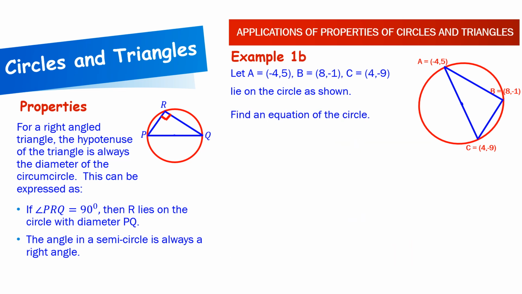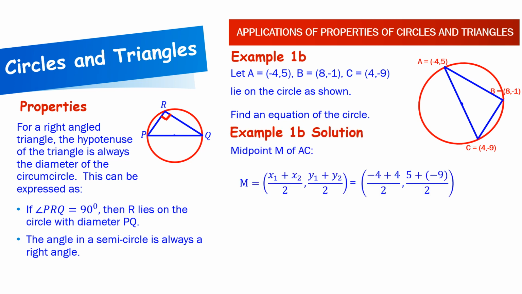And now for example 1b. Find an equation of the circle. So let's solve this. The midpoint of AC is equal to x1 plus x2 over 2, which is -4 plus 4 over 2, comma, y1 plus y2 all over 2, which is 5 plus -9 all over 2.